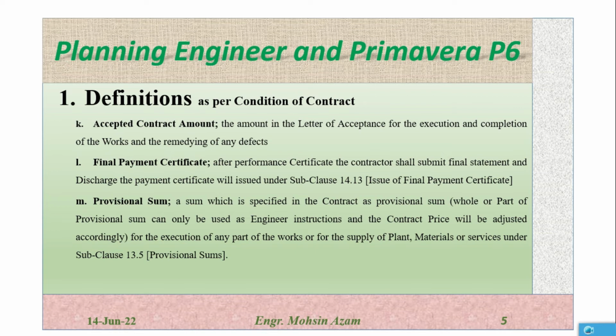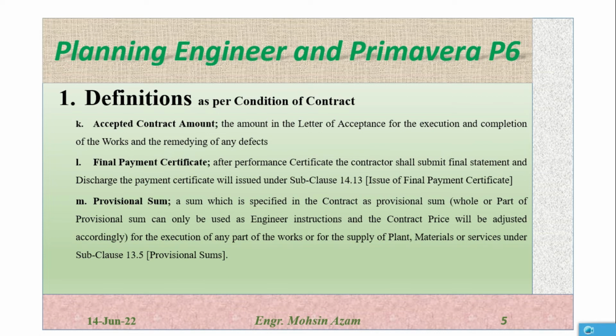For the execution of any part of work, or for the supply of plant, material or service under sub-clause 13.5, provisional sum. Provisional sum is the amount which the employer will keep in the contract in case of any emergency or any variation or any part of the work which was not contractually agreed.